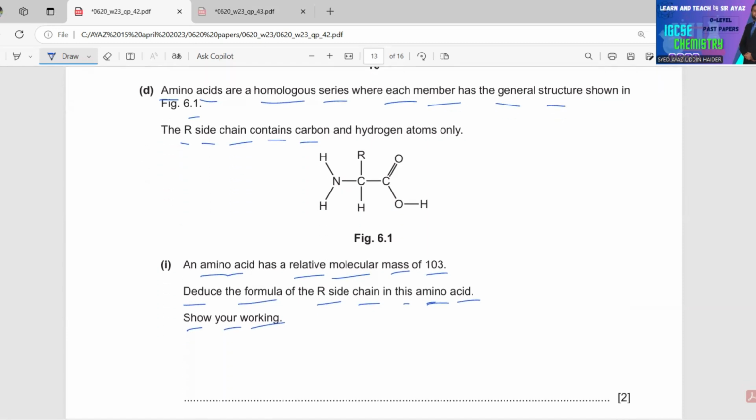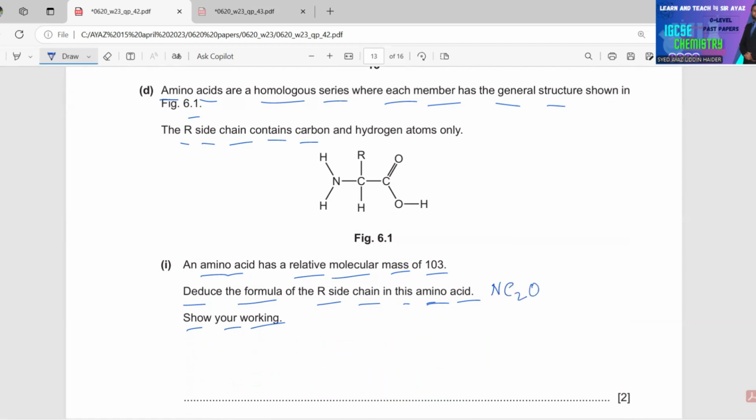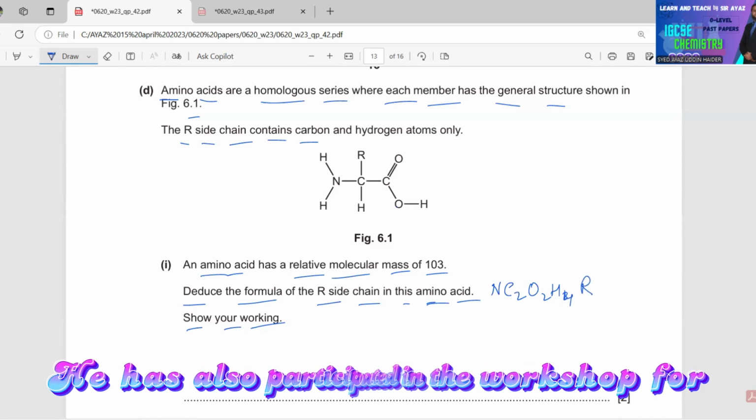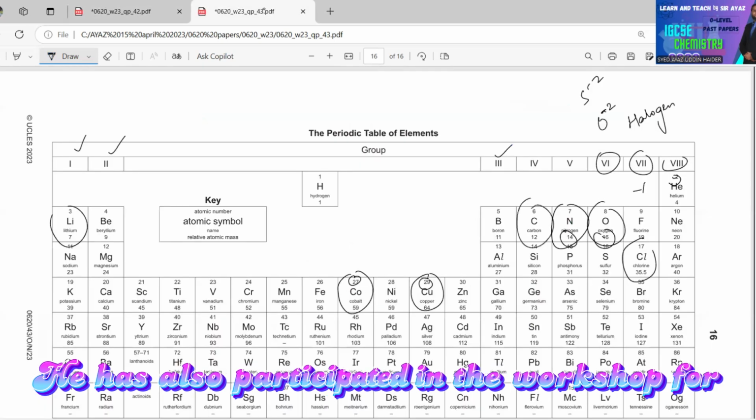So first of all, I'm going to write down the molecular formula of this. We have 1 N here, so I will write N. 2 carbon there, so I will write C2. Oxygen 2, O2, hydrogen 1, 2, 3, H3. And then we have 4 hydrogen atoms. And we have R. For R, I am taking X. And COOH. The nucleon number of N is 14, oxygen 16, carbon it's 12.